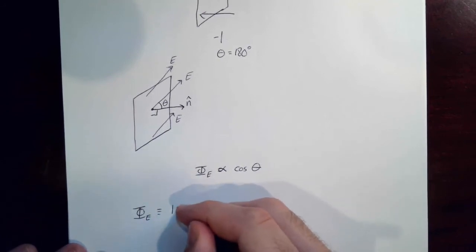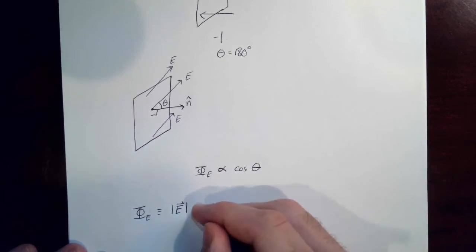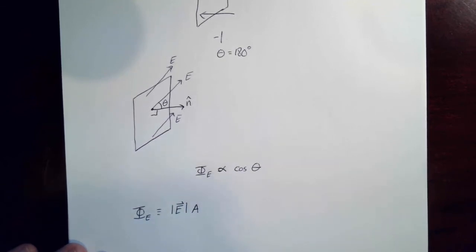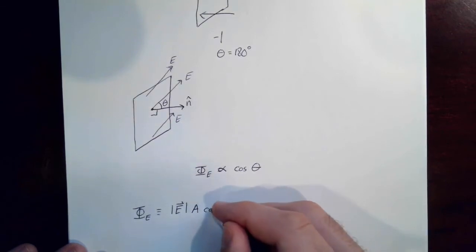So that is the magnitude of E, the surface area, A, cosine theta.